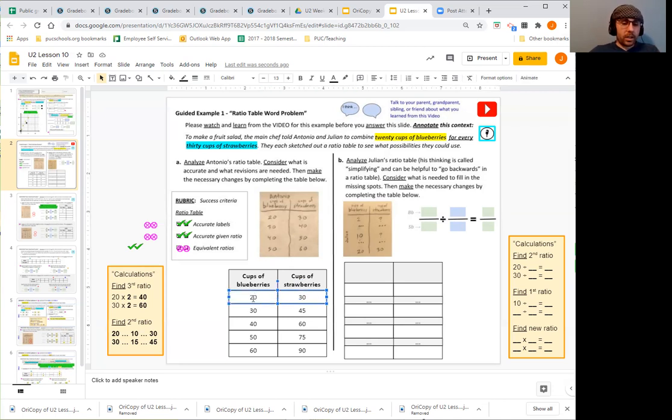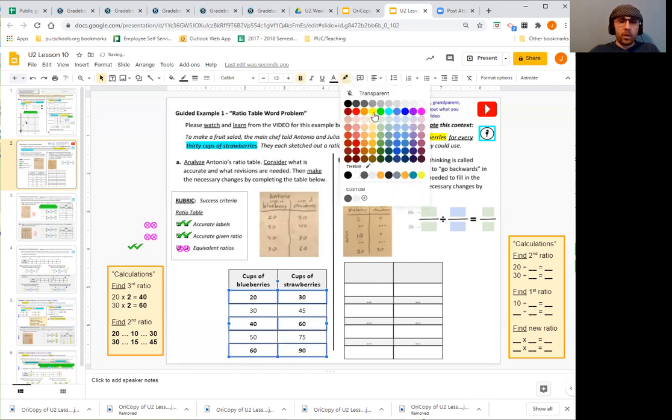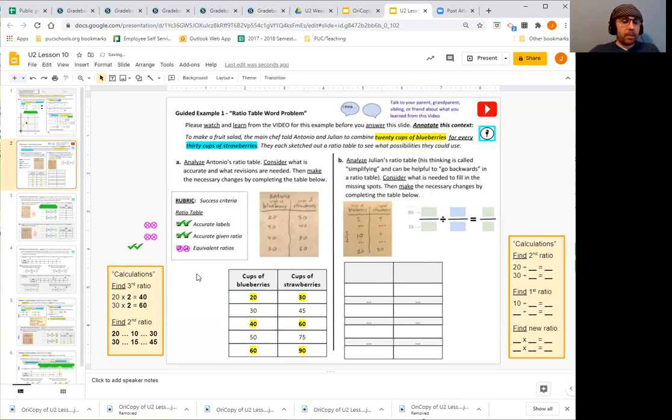And we can actually see that right here. The ones that I've just highlighted and made yellow, that's a table that would be consistent. It was Antonio who decided to kind of go in between and count by something other than the ratio itself, and that complicates things. So really we could have just done 20, 40, 60, 30, 60, 90, and then continue with that.